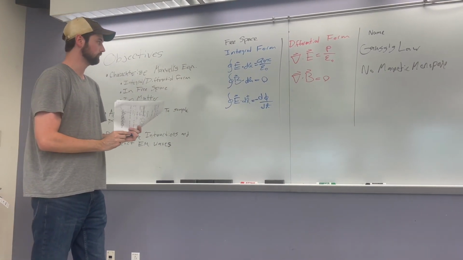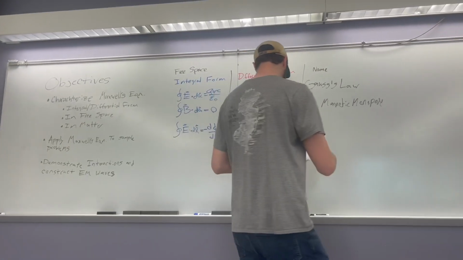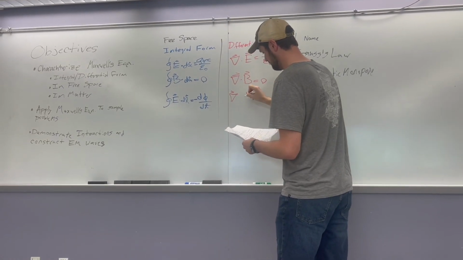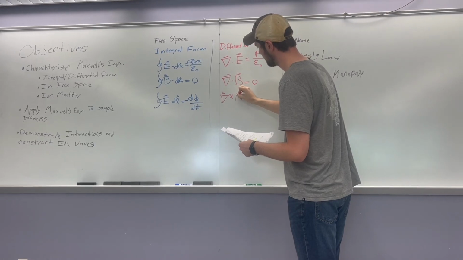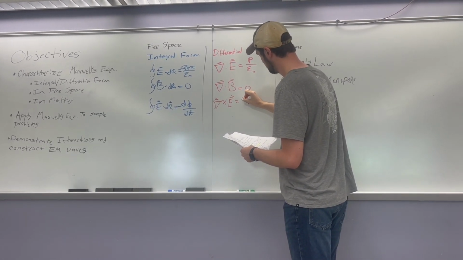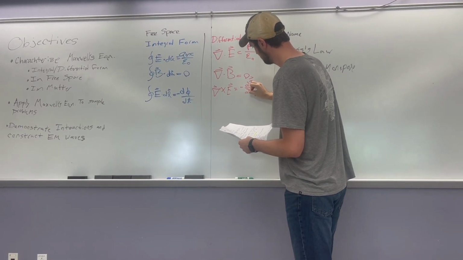In differential form, it reads like this. Del cross, no longer dot, now we're crossing it with E, is equal to the negative partial derivative of the B field with respect to time.